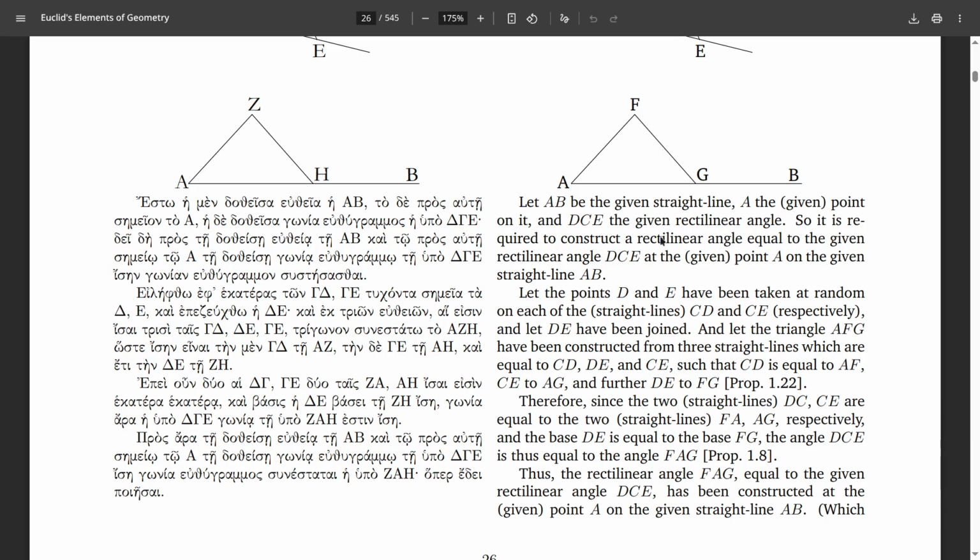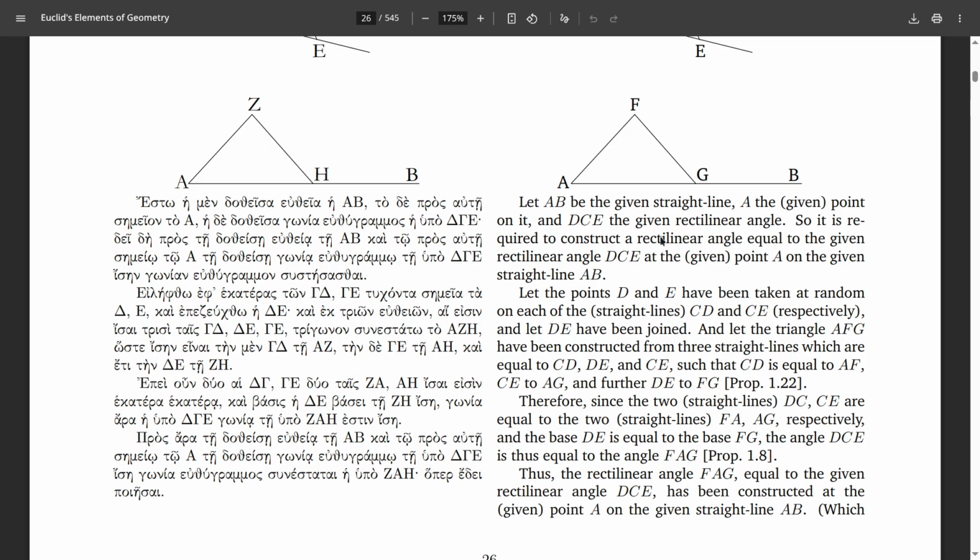So I can just put A, connect A to F, and then I can connect F to G, and therefore this should create... So let's check. So AG should be equal to CE, but it shouldn't.